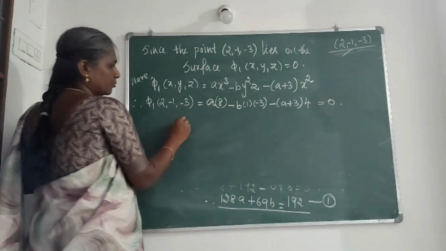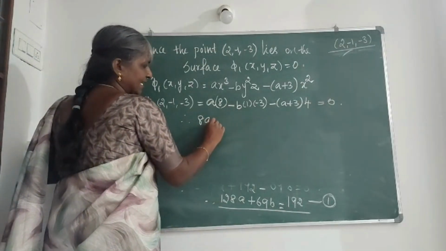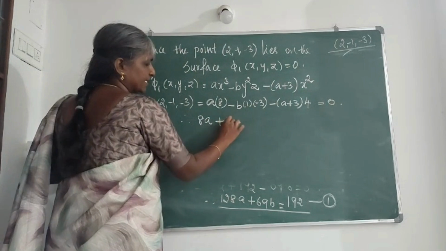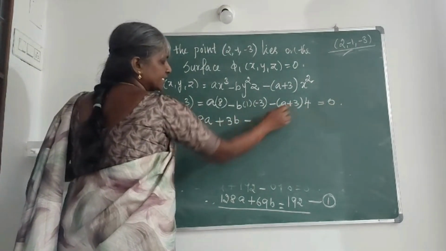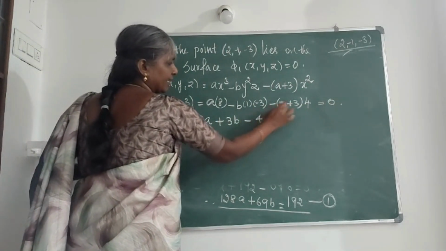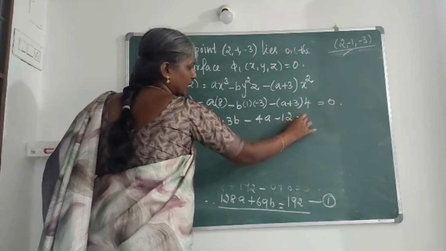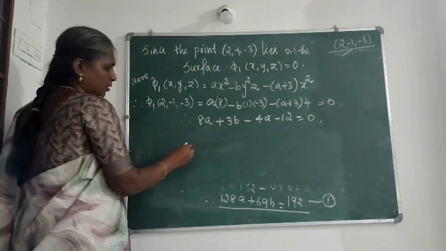So what is happening now? Therefore 8a, minus into minus plus 3b, minus 4a minus 12 is equivalent to 0.